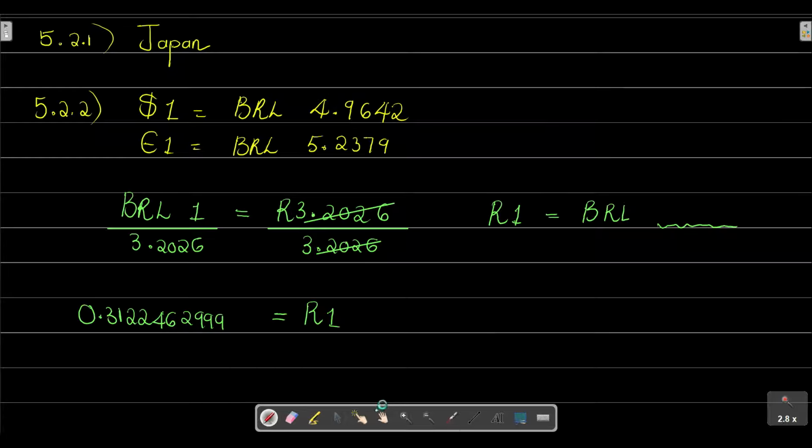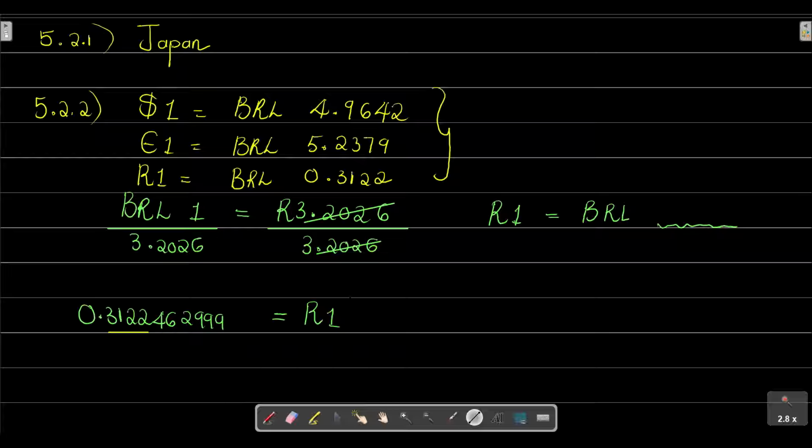Now we can write this as, therefore 1 rand is equal to 0.3122 Brazilian reals. I'm going to leave it in 4 decimal places, because all of these currencies here are written in 4 decimal places. So it's 0.3122. So what does that tell us?